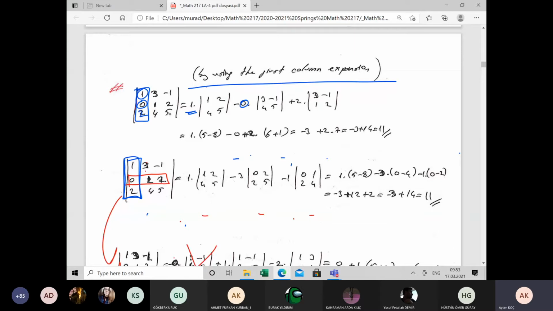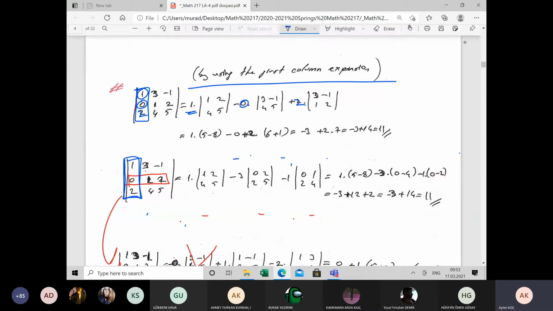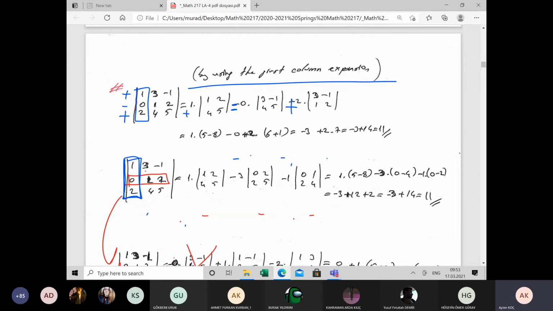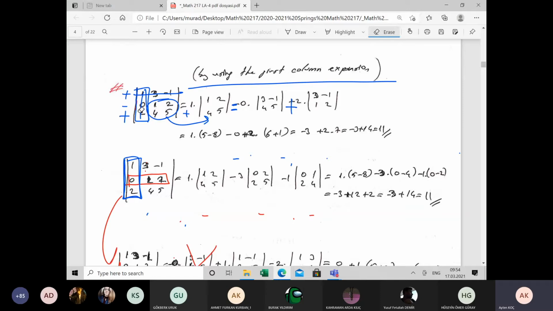It's okay. So write the corresponding minor sign of position, first of all plus, minus, plus, and write the determinant of the minor. It means delete this one, we obtain this one. And take the next entry of the first column, this one, delete the corresponding row and column.